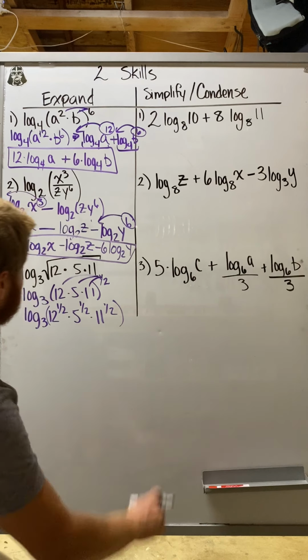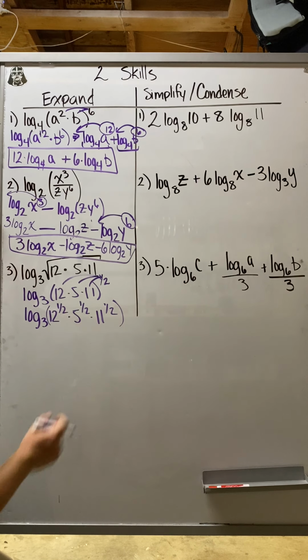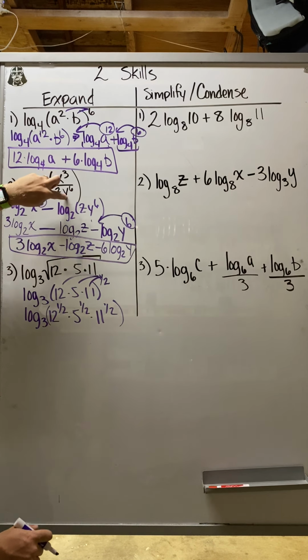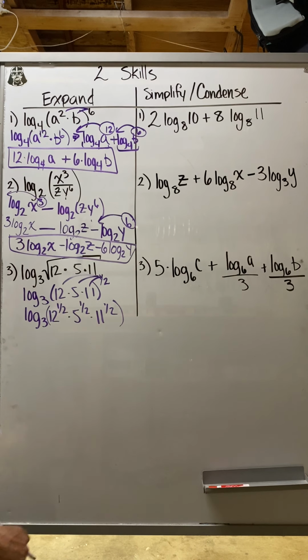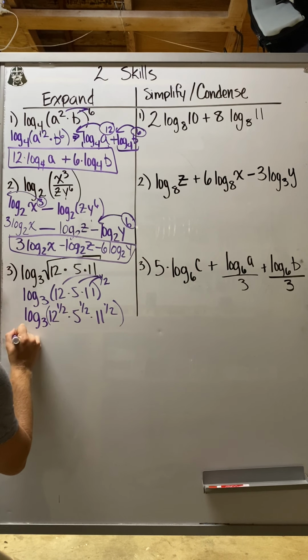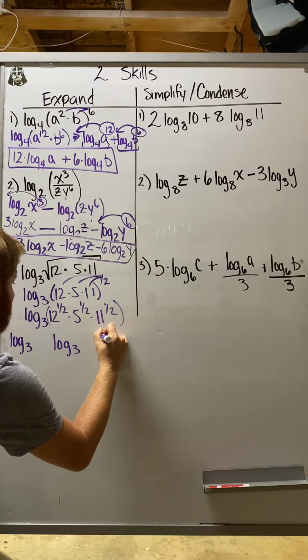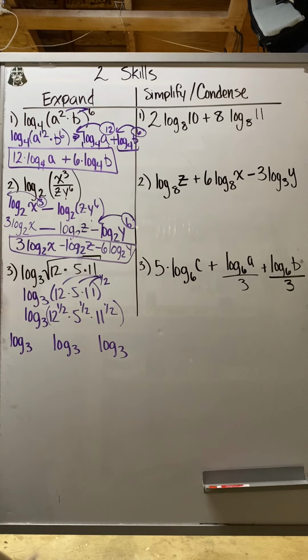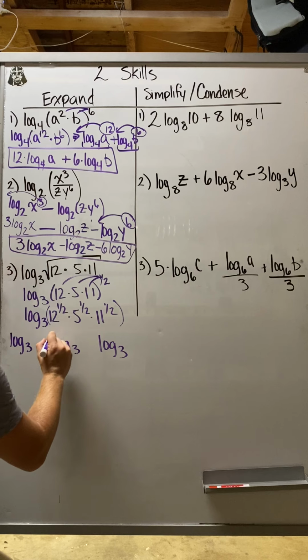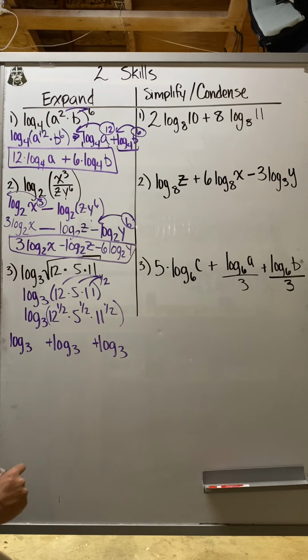This is all multiplication. There's no division of multiple terms like there was in number 2. So how do we split up multiplication? Even if it's more than one term, we split it up by writing 3 logs with the same base, and putting addition in between them all.